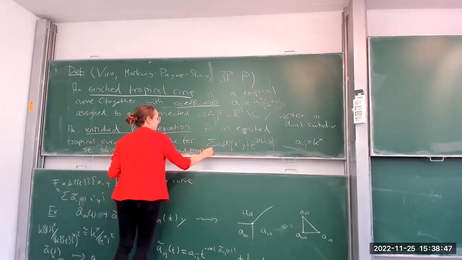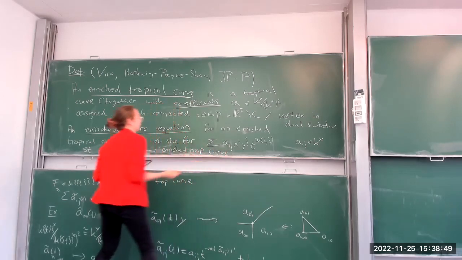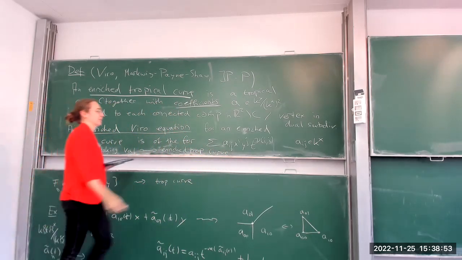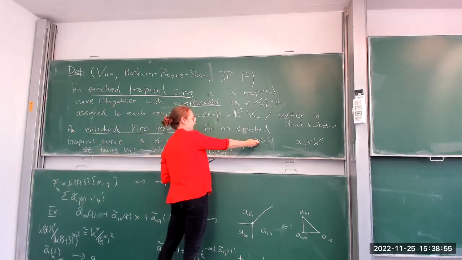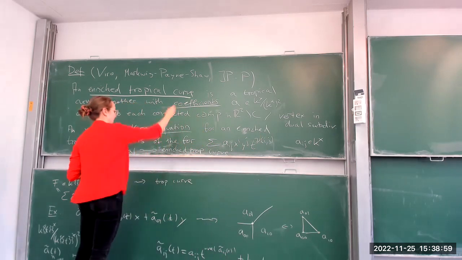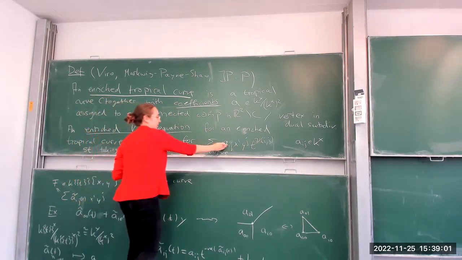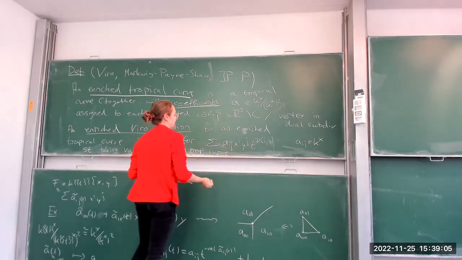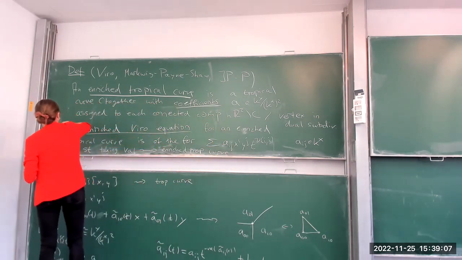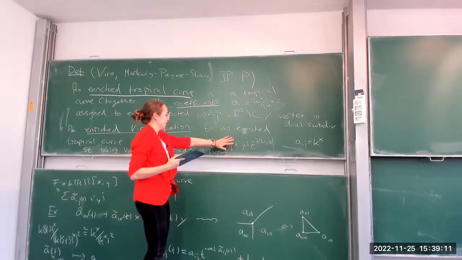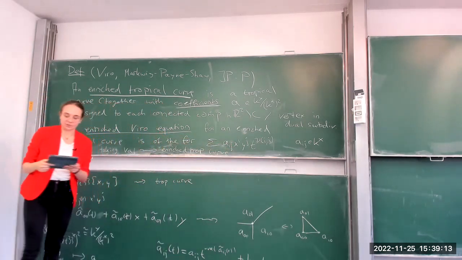So if I have an enriched tropical curve with coefficients like this, I can find a piecewise linear function. I guess you know all this. And I can attach a polynomial like this, but now I also have coefficients in front of the corresponding terms, so I can go back.